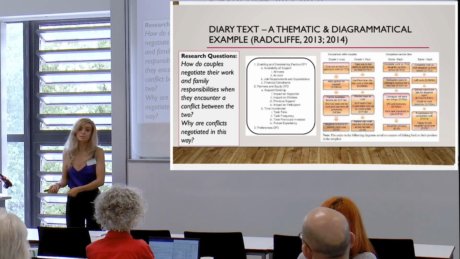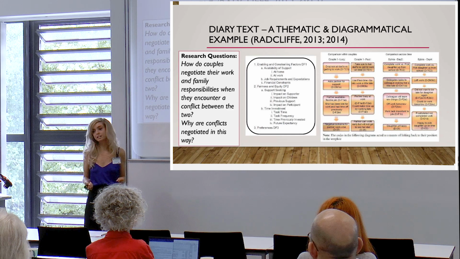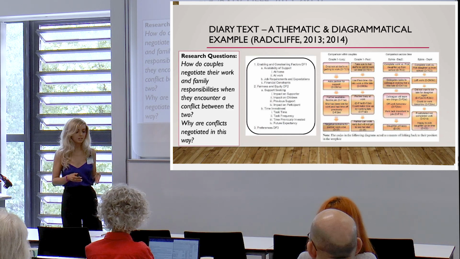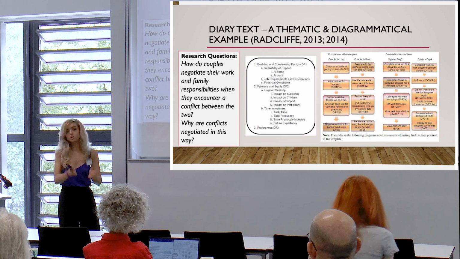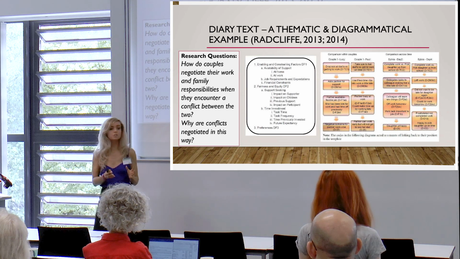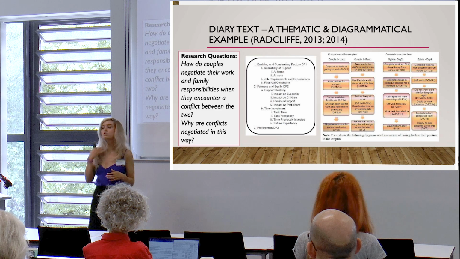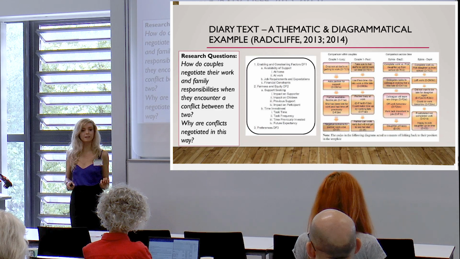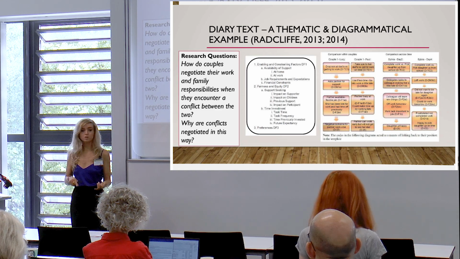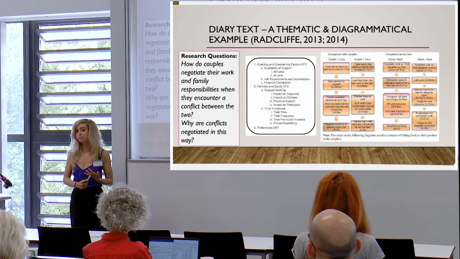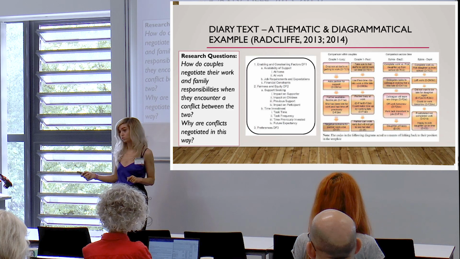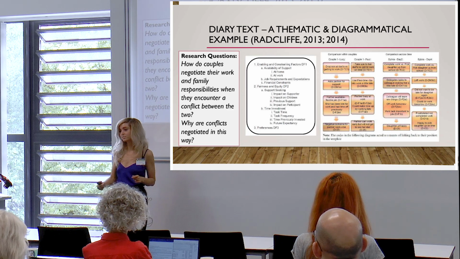So you have to have some way to bring that richness back in when you need it. But what I did was I created a kind of what they usually do within that couple. So if they faced a work-family conflict, a daily one, what did they usually do for each couple, and a diagram for that. So they usually, the first point of call was this, the second point of call was this, for each couple, so that I could compare across couples. So that's another level of comparative analysis.